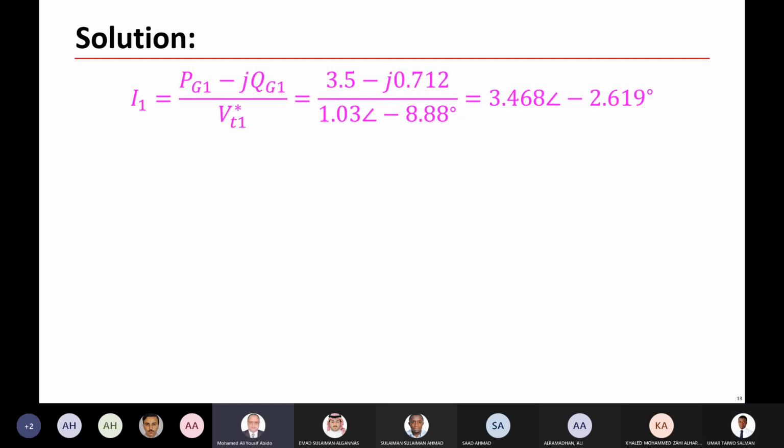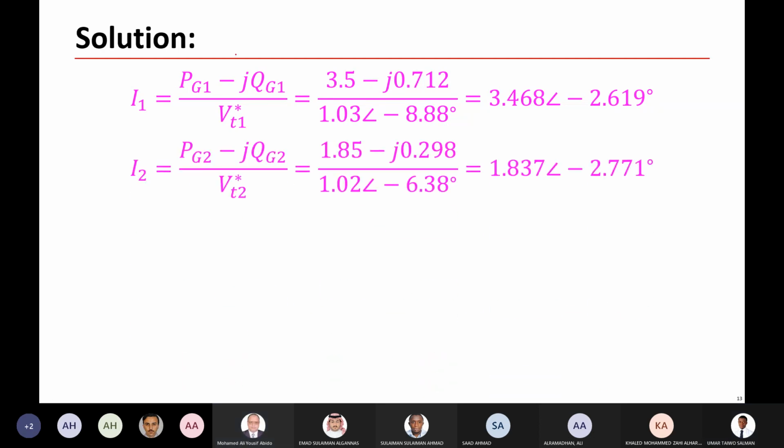No. Okay. This is I1, which is S1 conjugate over V1 conjugate. And VT is coming from the load flow, and this is also coming from load flow. So this is known in advance, and this is calculated. So you can have the current here in per unit.